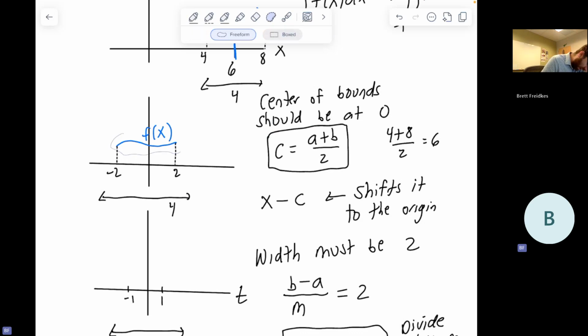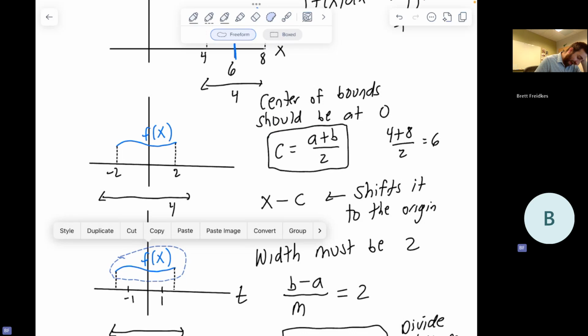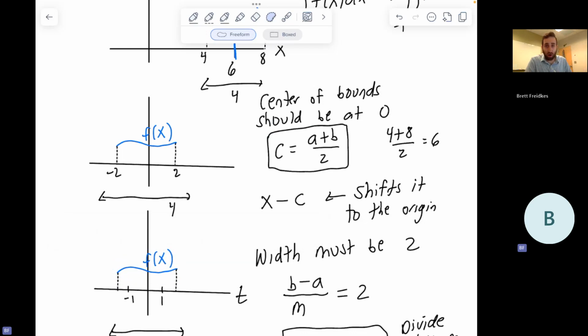This f of x here, I need to squish. That's what I have right now. If I'm going to take this volume, or sorry, this area, and combine it and make the bound smaller, in order to maintain the same area, the f of x has to be increased in height. So now f of x is not this thing.